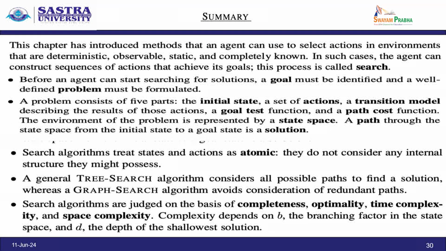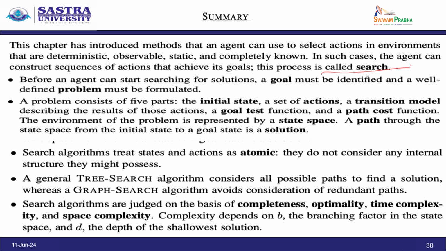So, we have a summary. This talk has introduced methods that an agent can use to select actions in environments that are deterministic, observable, static and completely known. In such cases, the agent can construct a sequence of actions that achieves its goal. This process is called search.